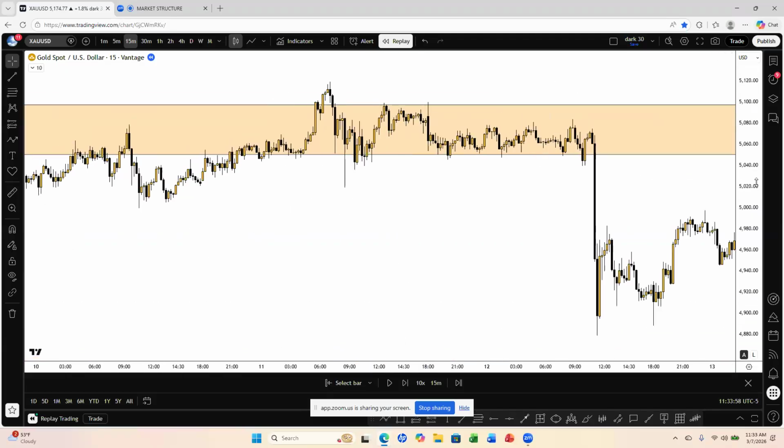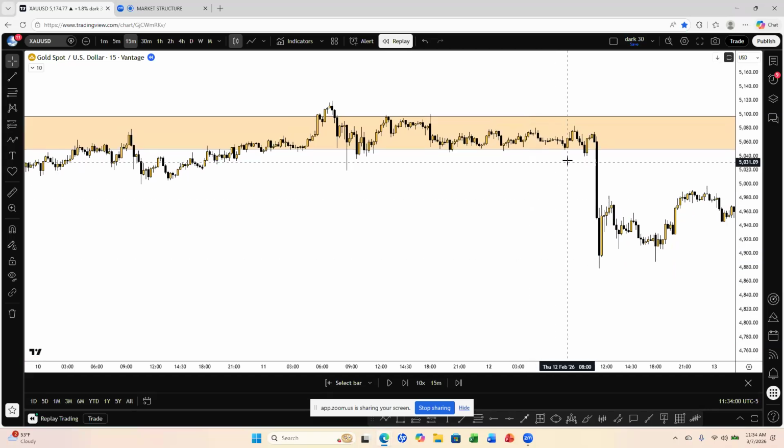I could show you how to get it, but that wouldn't be a good one. This was just an impulsive drop, and more than likely news did this. Then, as you can see, it pulled back, came back, and created a double bottom. Basically, this is a liquidity sweep, because when you're looking for breaks of structure, the candlestick has to close past the structure.